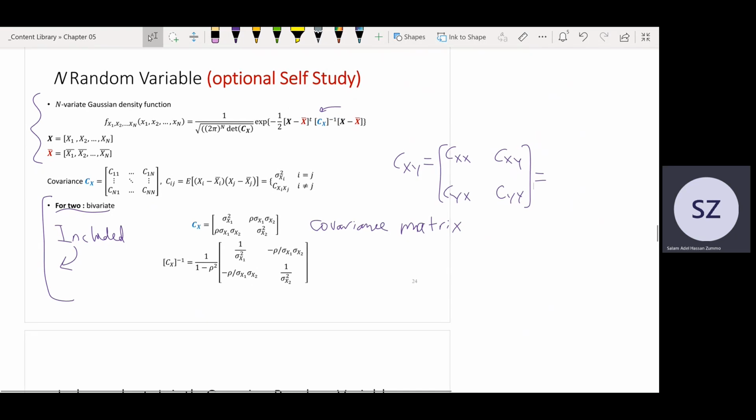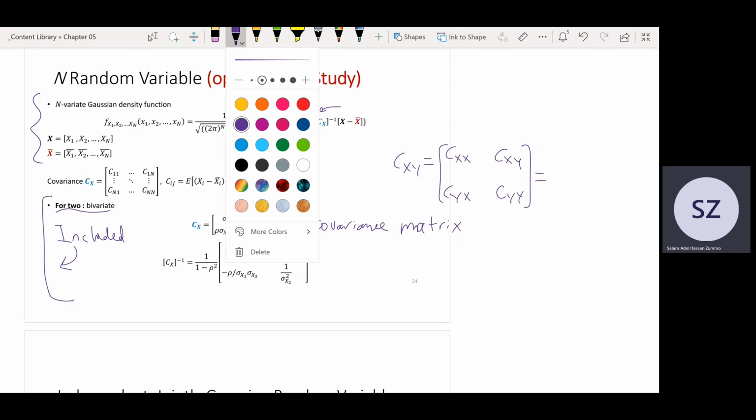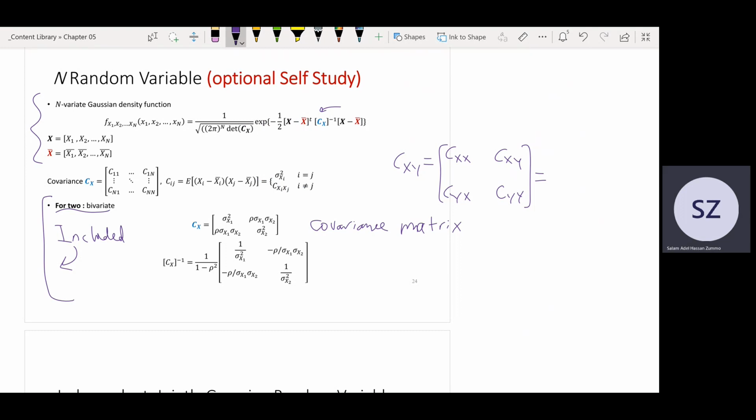Well, these are definitions here. What is the covariance of X with itself? CXX, what is it? It's basically the expected value of X minus X bar multiplied by X minus X bar, which is X minus X bar squared. So by definition this equals the variance of X squared. What about CYY? Variance of Y squared. What is CXY? It's a covariance. We can write it in terms of the correlation.